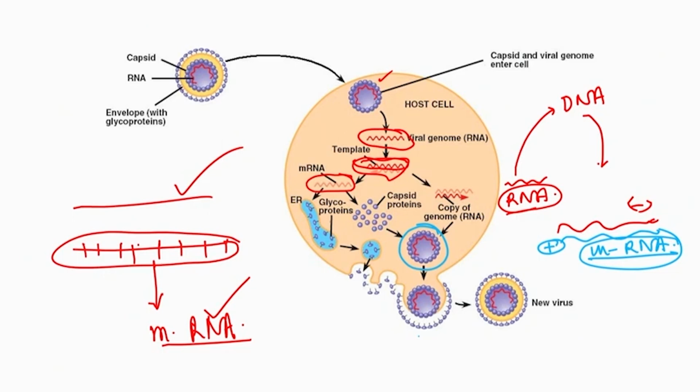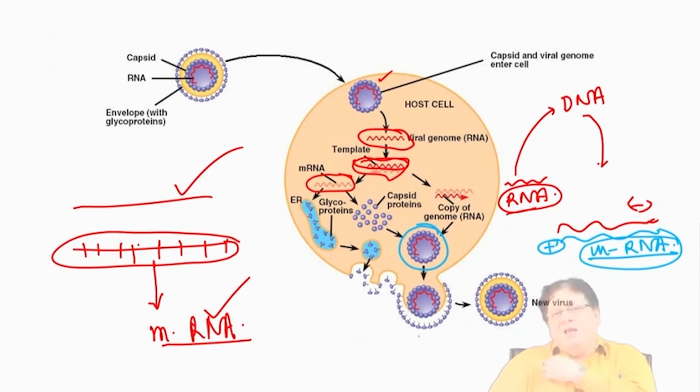But if you have a positive strand RNA virus, then the job is a little bit more. First make a negative strand of that, and then the negative strand is copied back, so you get the actual mRNA.